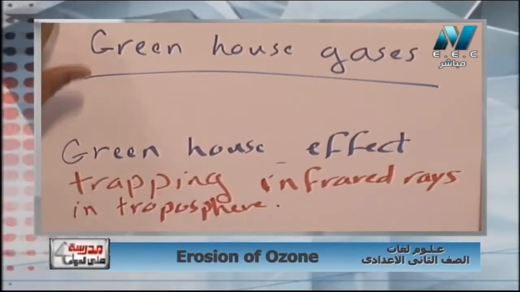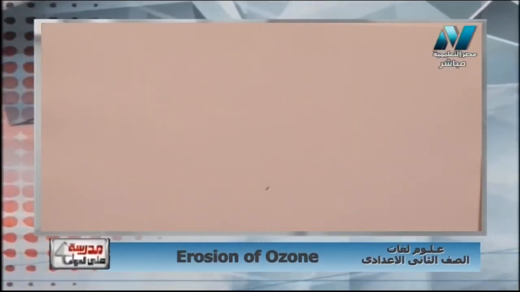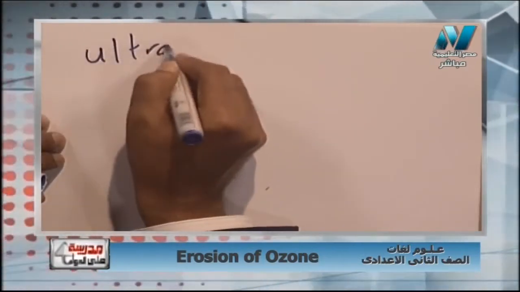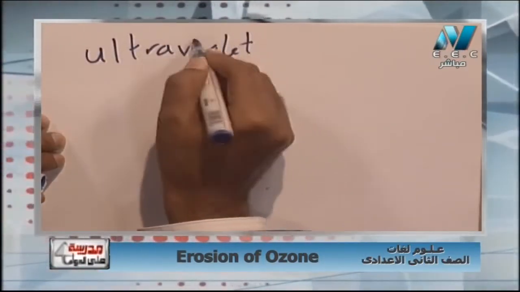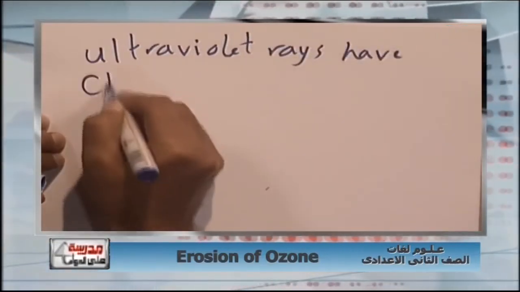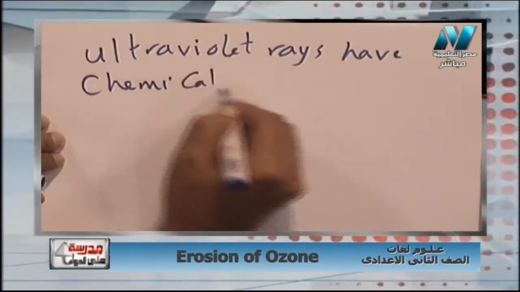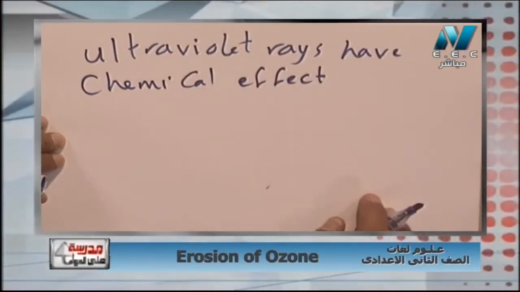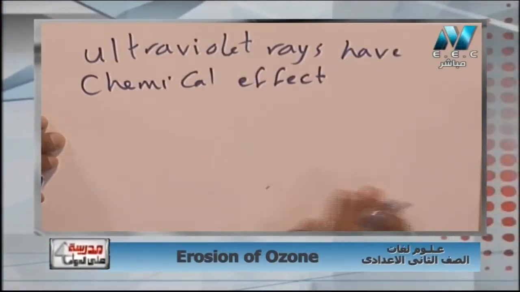And notice, my dear students, that ultraviolet rays have a chemical effect. Why? Because they can change ozone into oxygen and oxygen into ozone, and so on.